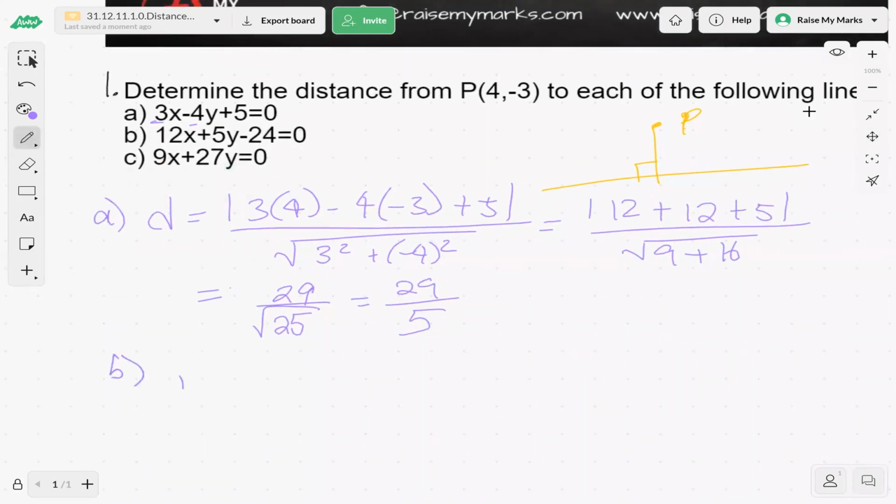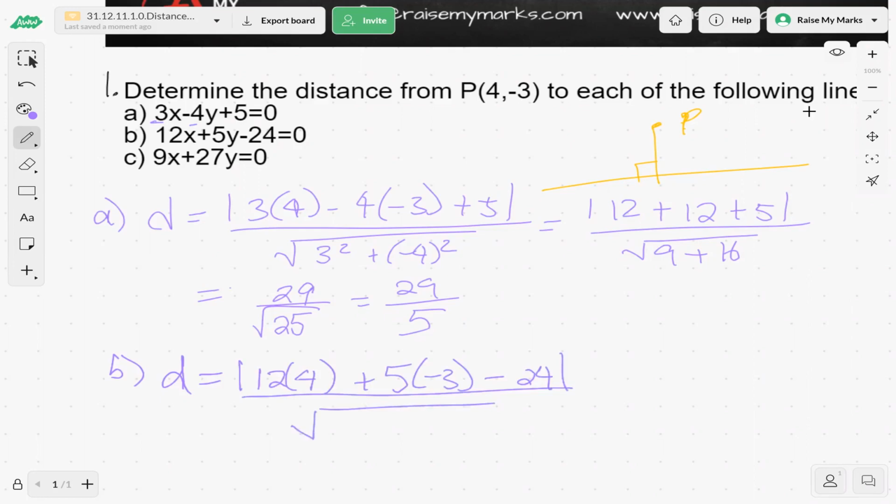Let's do the second one. Part B. Again, same expression, different line. So 12 times 4 plus 5 times -3 minus 24, all over the square root of 144, that's 12 squared, plus 25, that's 5 squared. Let's calculate this. 12 times 4 is 48, minus 15, minus 24, the absolute value of that.